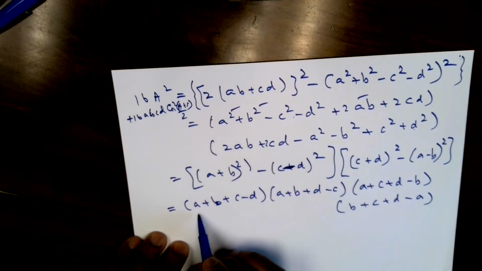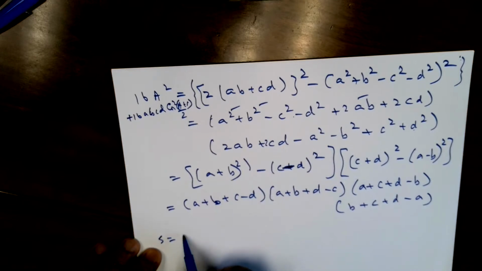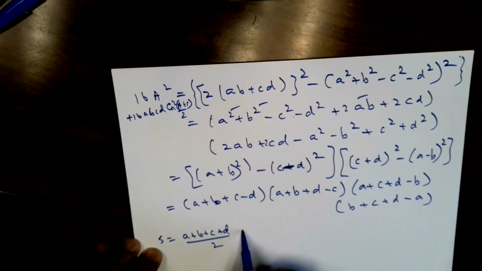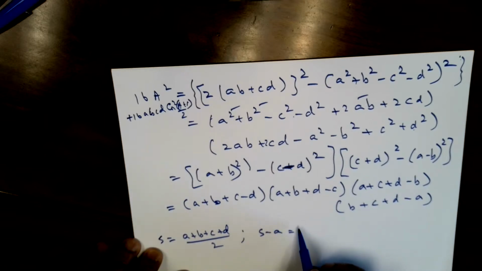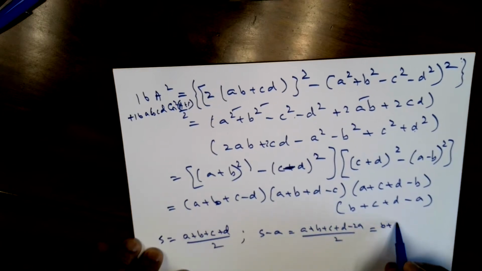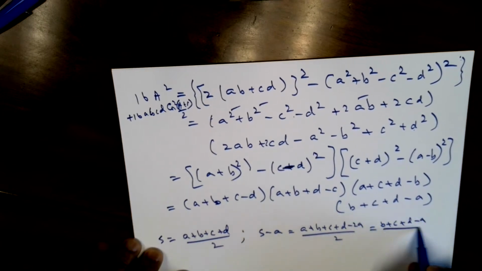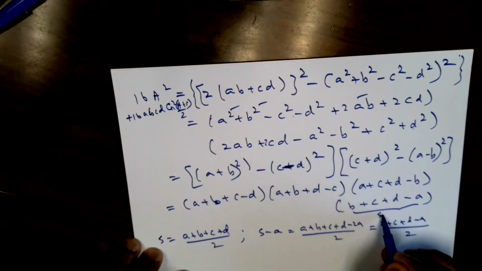And so this is, if I call S to be a plus b plus c plus d by 2, the semi-perimeter, then S minus a, notice that is a plus b plus c plus d minus 2a by 2. So that comes out to be b plus c plus d minus a by 2, this term.